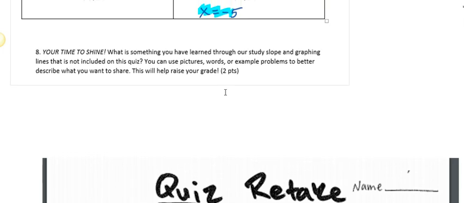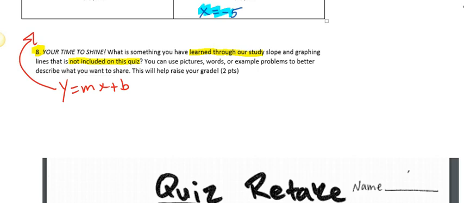For number 8, you're going to start seeing problems or questions like this on your quizzes, because we cover a lot of stuff that I don't always want to fit on a quiz. So if there's stuff that you've learned through our study that's not on the quiz, I want to give you a chance to show off. Make sure you include stuff that's not on the quiz. Some people wrote this. Dang.